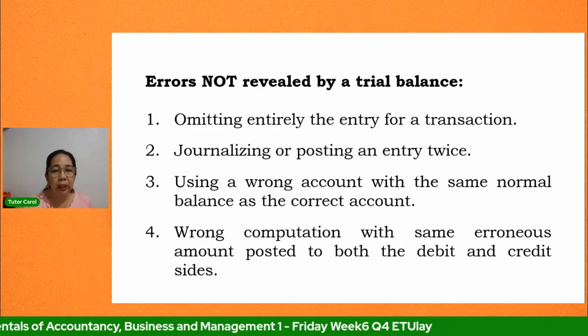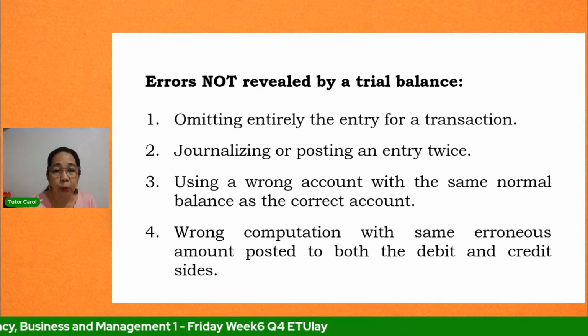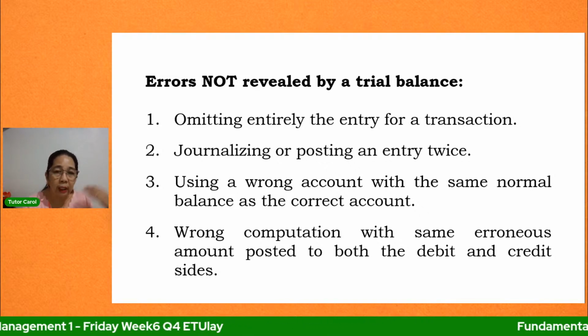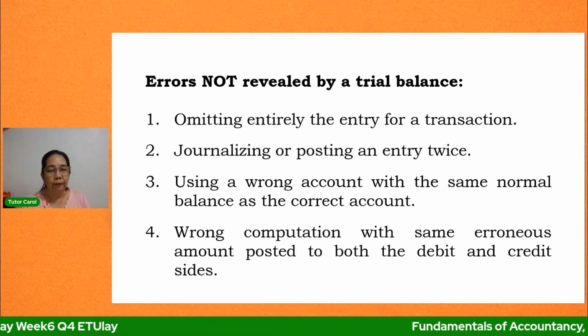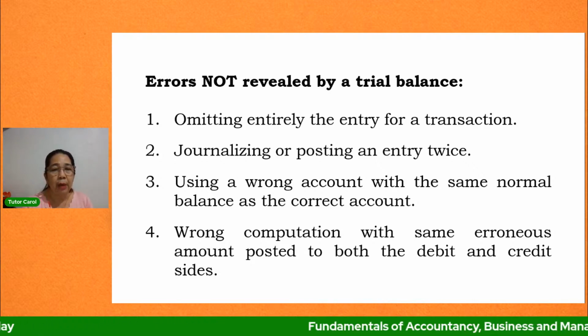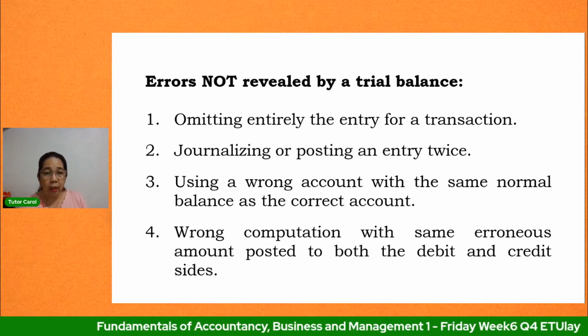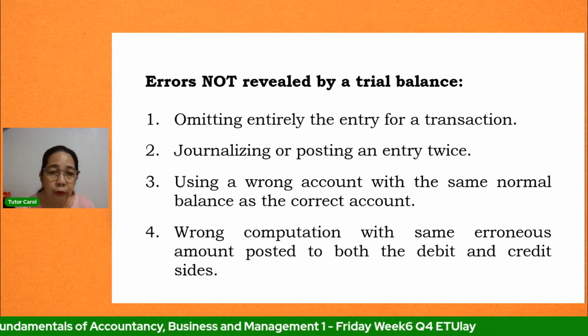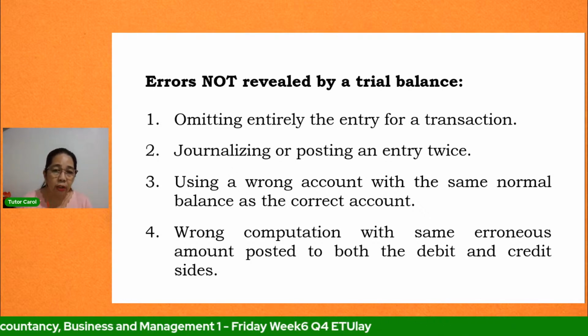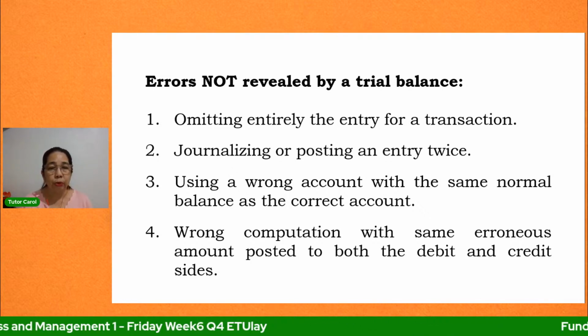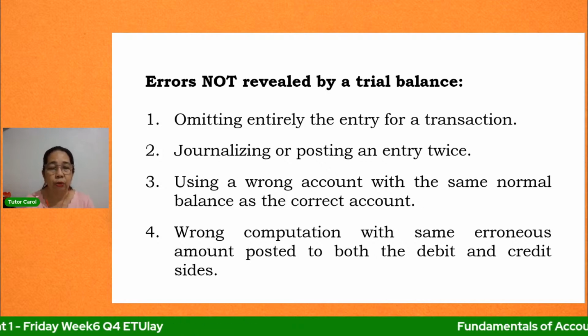Number 2, journalizing or posting an entry twice. O, yung isa nalimutan, ito naman na doble. Balance pa rin ang trial balance mo yan. Okay? Pero, syempre, hindi na correct, hindi na accurate ng information kasi dalawang beses mo pinost or ginornalize yung transaction.